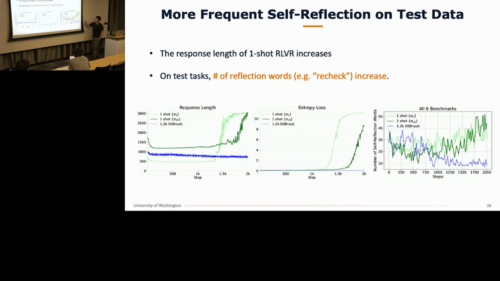So we would say that one-shot learning and this 1.2K learning have qualitatively different behavior in the end, whether you look at the recheck-type words or the output length. You can think of them as two different modes of language models. Okay, that's another finding.